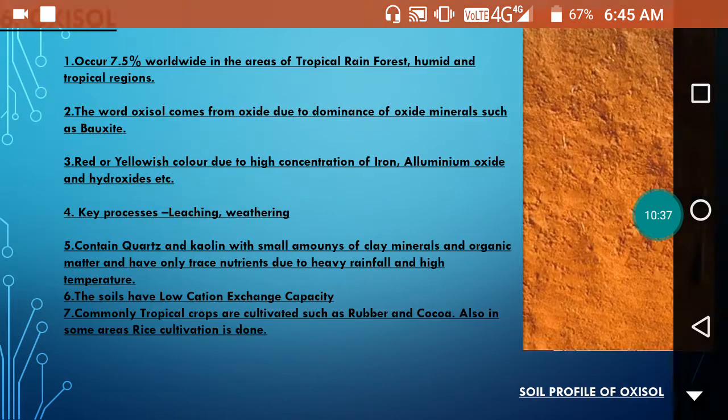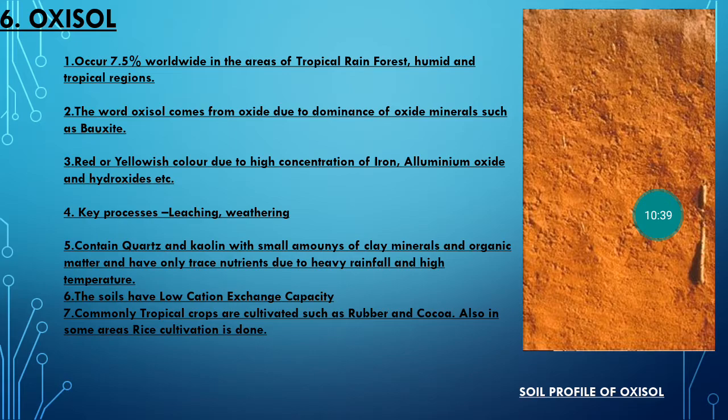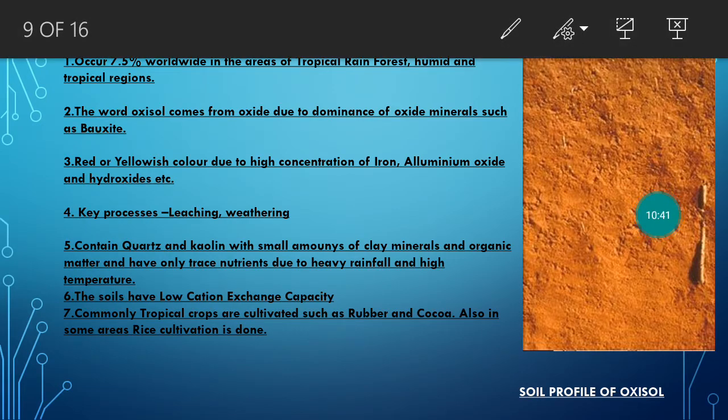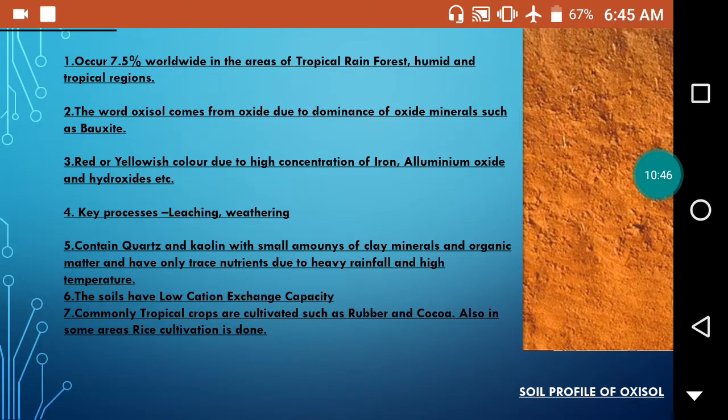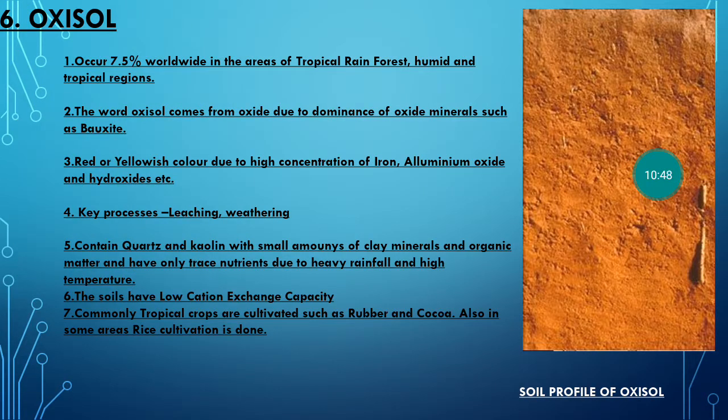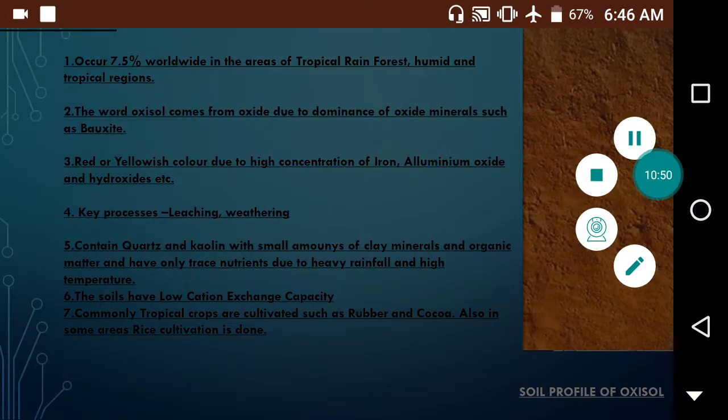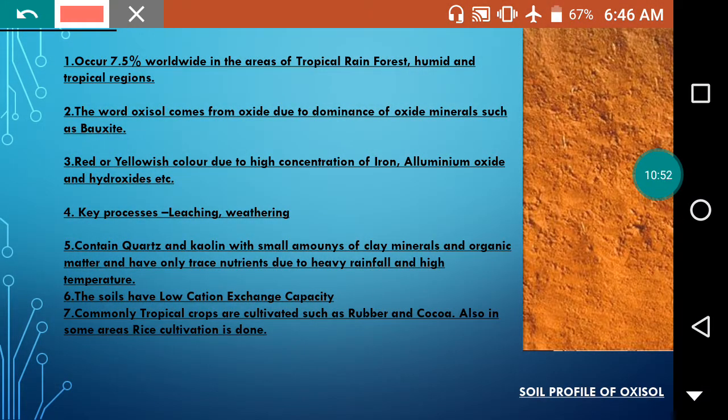And after that, we are seeing the oxisol. What about oxisol? Okay, these oxisols occur 7.5% worldwide in the areas of tropical rainforest, humid and tropical regions. And the word oxisol is derived from oxide due to the dominance of oxide minerals such as bauxite.